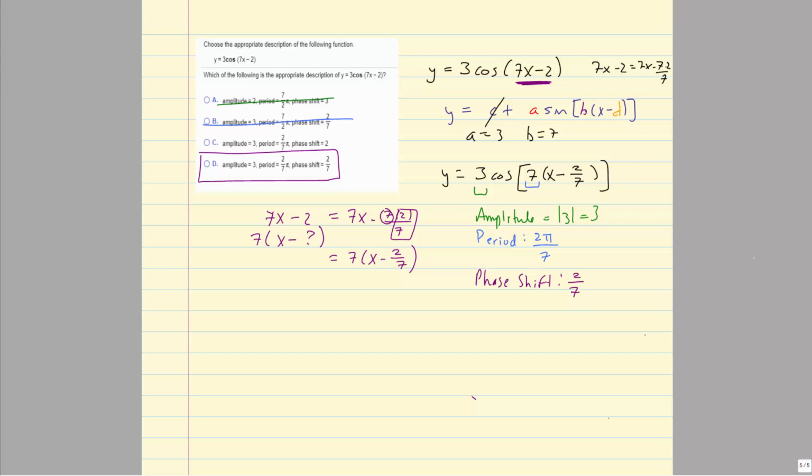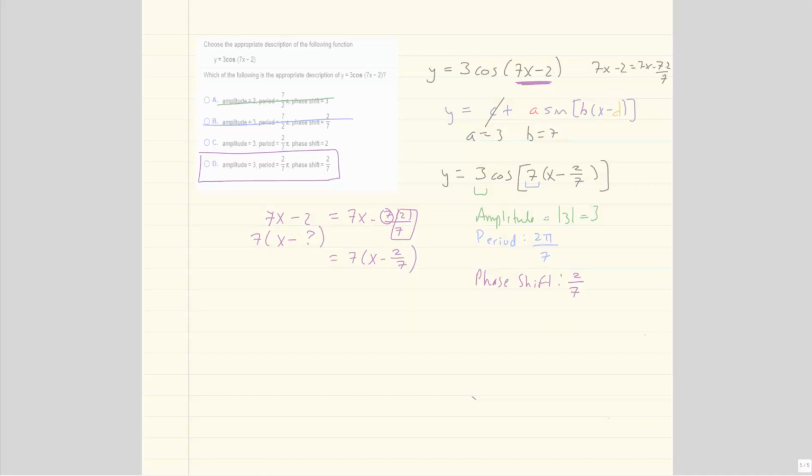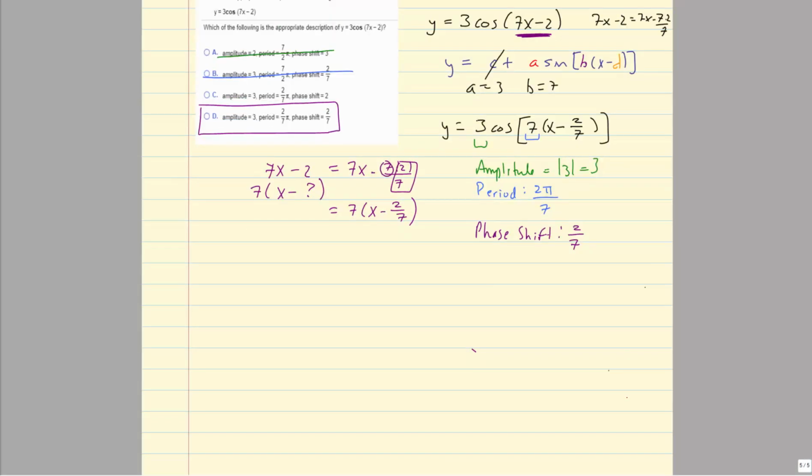Let's do this one. Looks more complicated. Now this one is actually in my math lab, and it asks us to graph it. So before we actually graph it, I want to make sure that we can go through this step by step and find all the values that we're going to need. So let me pop this problem in, and then I'll also show you how to graph these in my math lab, because there's a little bit of a trick to it. So this one is asking you to graph it in my math lab.